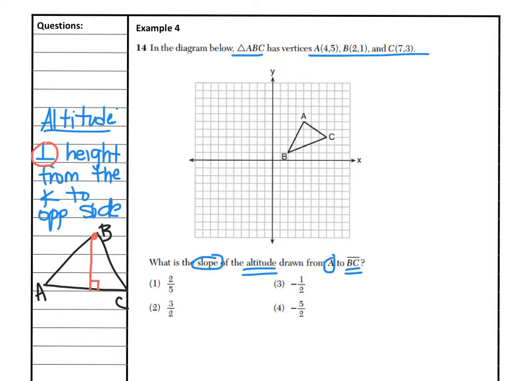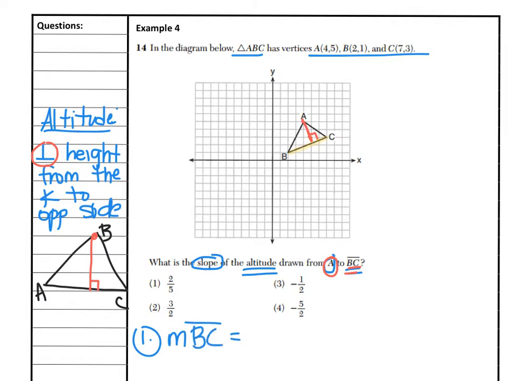So in this case, we're drawing from A to side BC. So our altitude is going to be here from A to the opposite side, and it's going to be creating that 90-degree angle. So what we want to do first is we want to find the slope of our original line segment that we want it perpendicular to. So step 1 is we want to find the slope, M is always the slope, of BC.